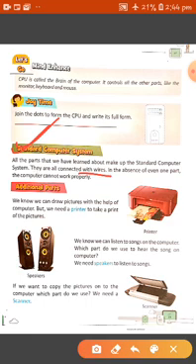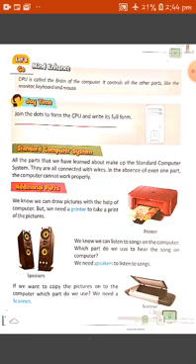Okay, let's talk about the printer. Children, do you know that you can take a copy or a print of your work using a printer? Yes, we have learned about the makeup.